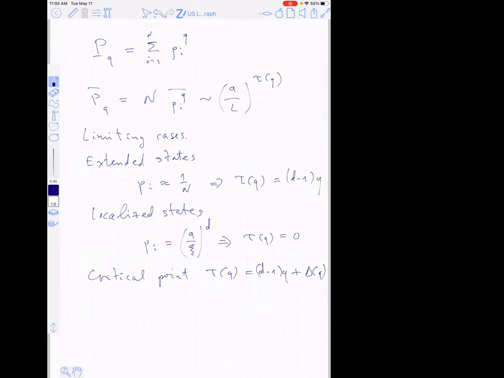I must confess that there is a way to formulate this problem without reference to the system size.